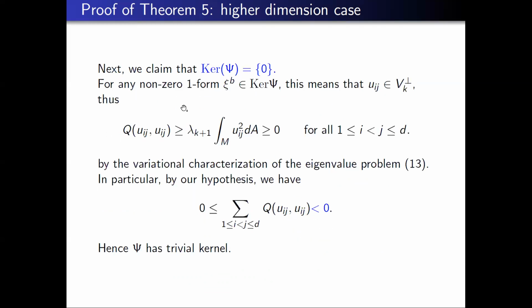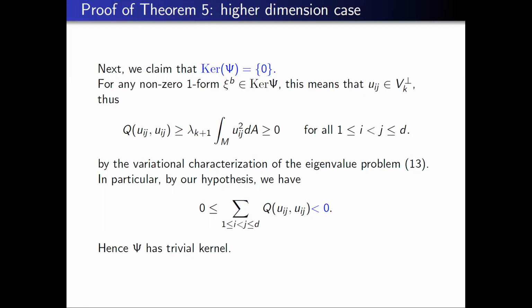We use the argument by contradiction. Any non-zero one-form psi flat belonging to the kernel of phi means that u_ij belongs to the orthogonal complement of V_k. Thus, we have Q(u_ij) is larger than 0 by the variational characterization of the eigenvalue problem (13).